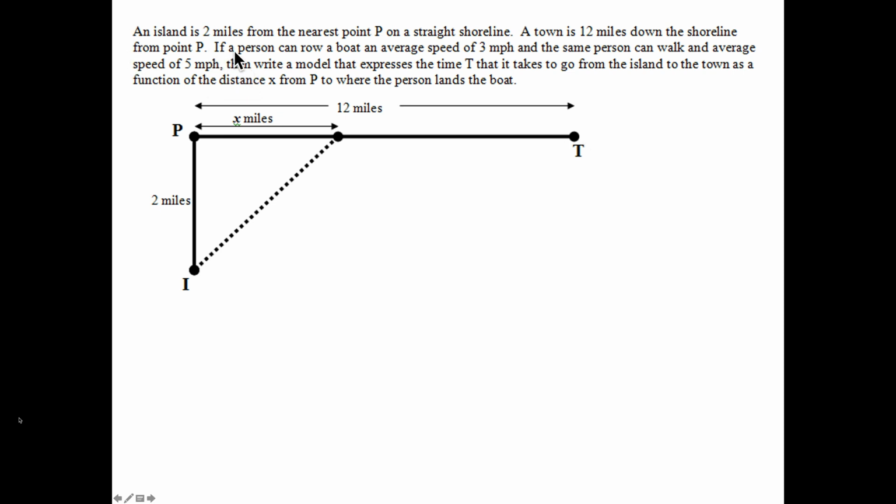If a person can row a boat at an average speed of 3 miles per hour, and the same person can walk at an average speed of 5 miles per hour, we want to write a model that expresses the time, capital T, that it takes to go from the island to the town as a function of the distance x away from point P. What they're saying here is that sure, you can row your boat straight to the shore and then you walk.